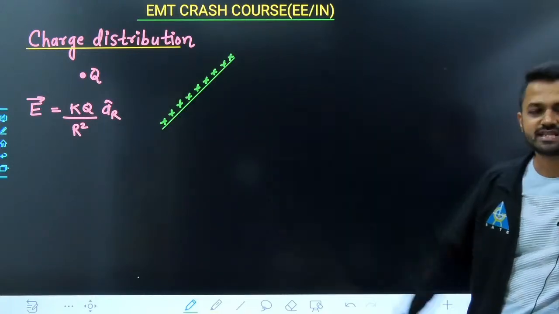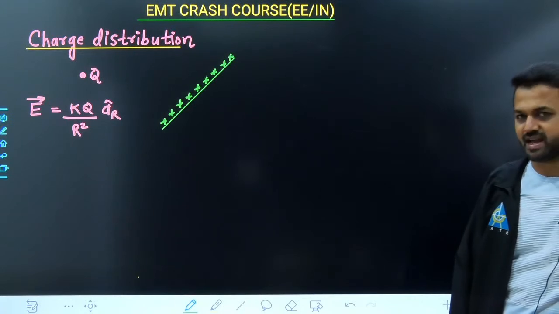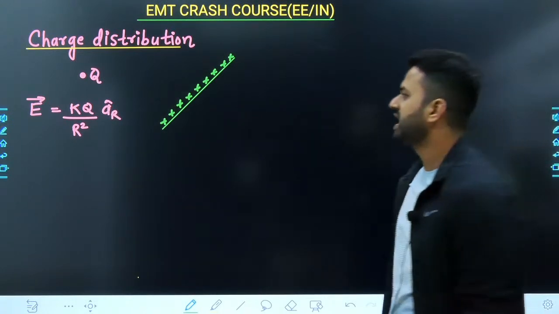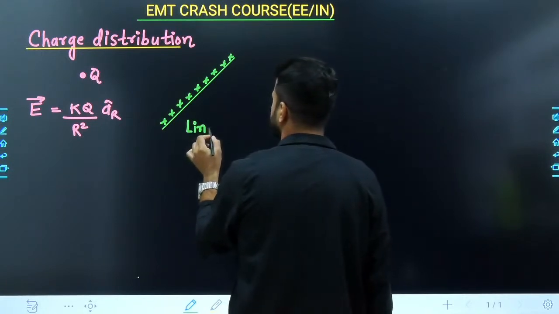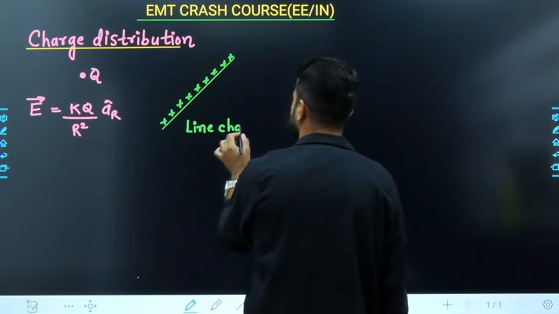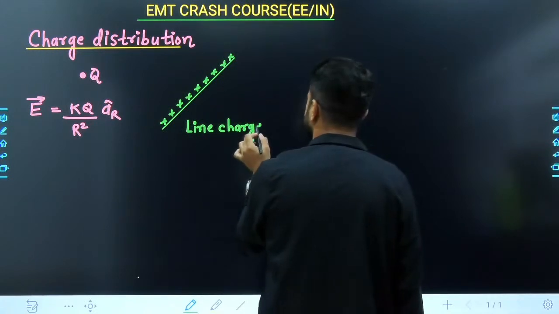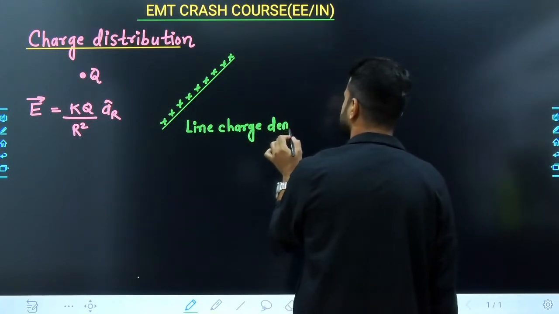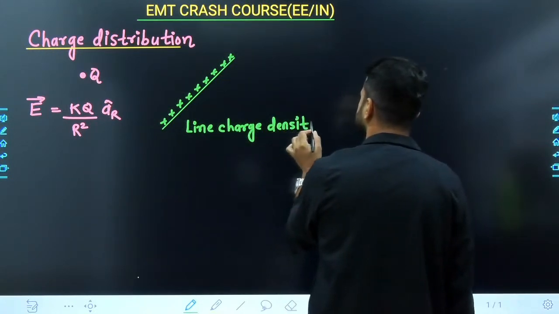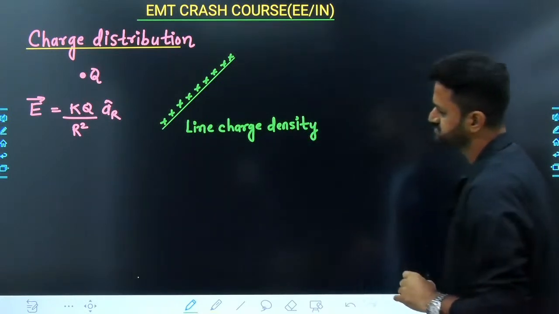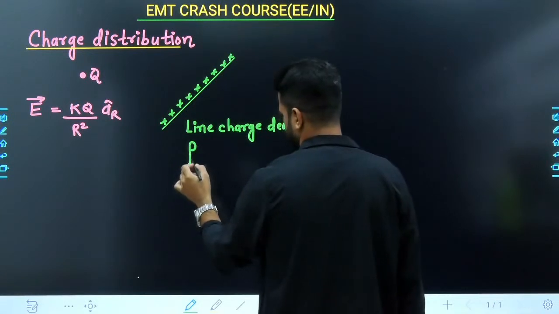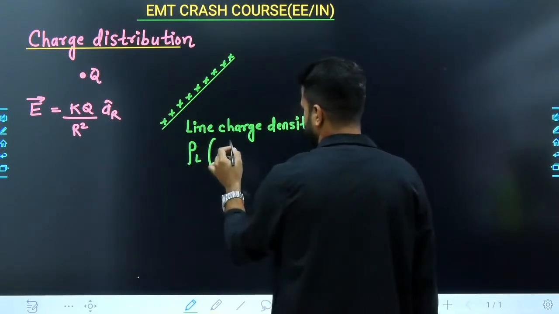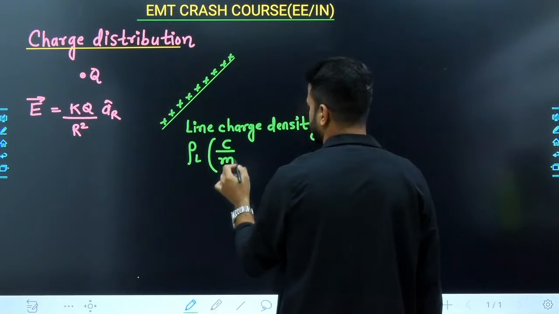When the charges are distributed along a line, it is defined by line charge density. Line charge density is denoted by ρL and its unit is Coulomb per meter.